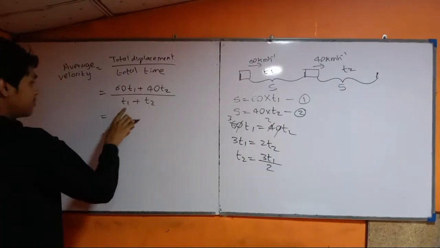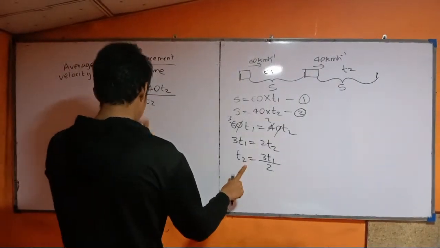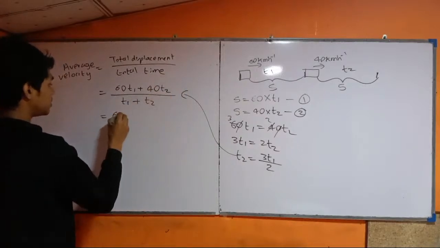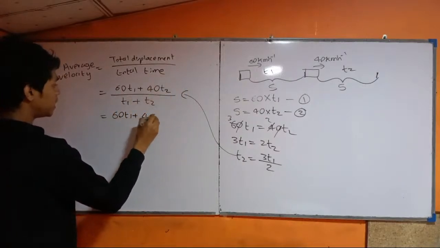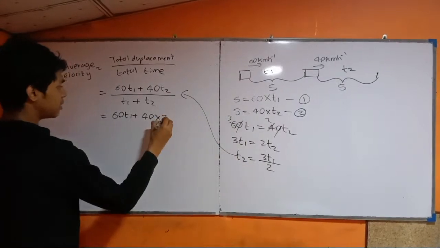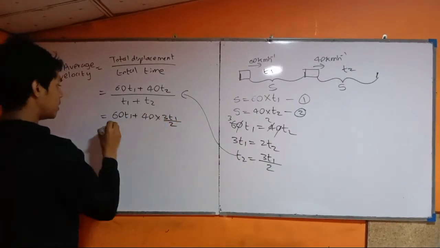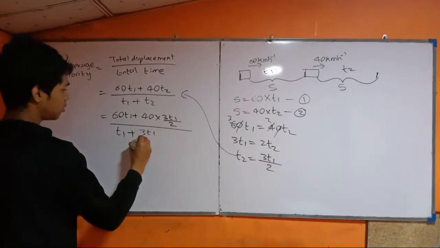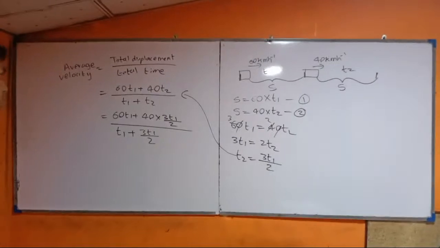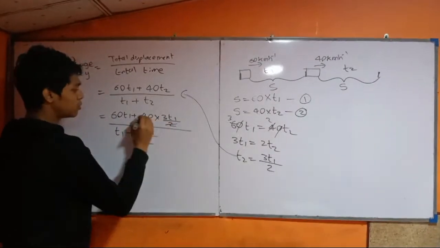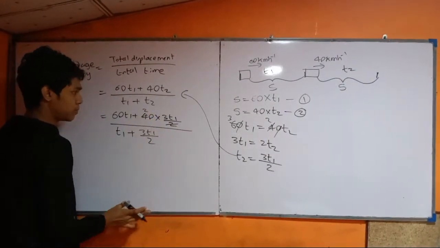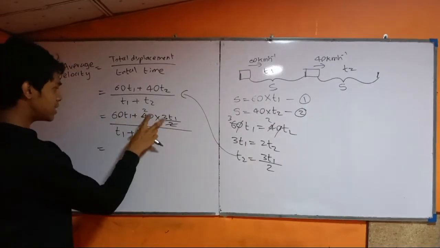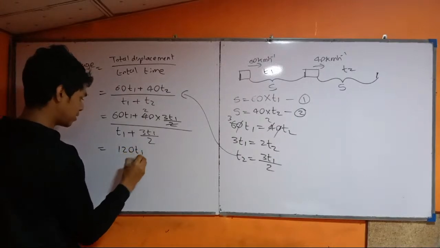You found a relationship for t2, and you are going to substitute it here. So 60 t1 plus 40 into t2, which is 3 t1 over 2, divided by t1 plus 3 t1 over 2. Then 2 fours are 20 up here, then 3 into 2 is 6. So 60 t1 plus 60 t1 is 120 t1.